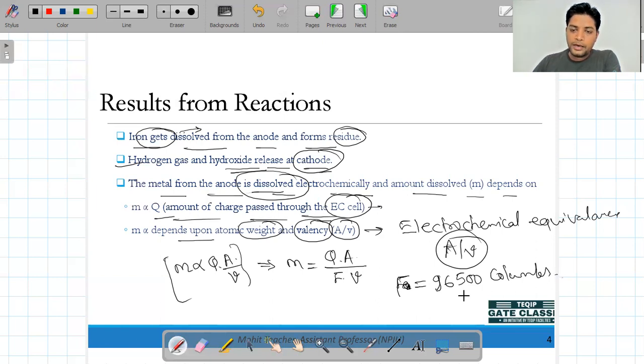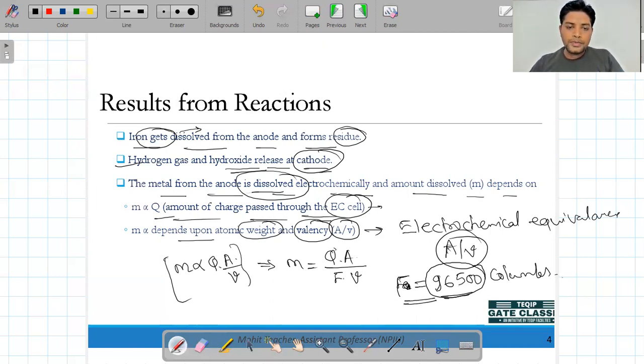In a numerical problem, generally it is taken as 96,000 or 96,500 plus minus something. If it is given to you, then you take that value, but if it is not given, just consider this one. So this is the Faraday's constant.